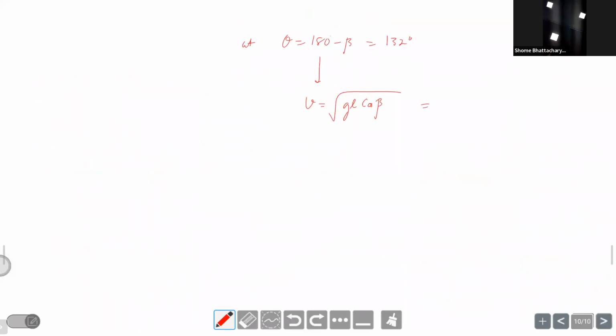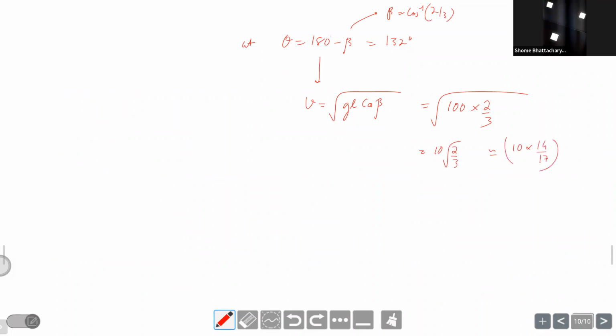That is root of 100 into 2 by 3, 10 root 2 by 3. This is the speed at which the particle goes up.